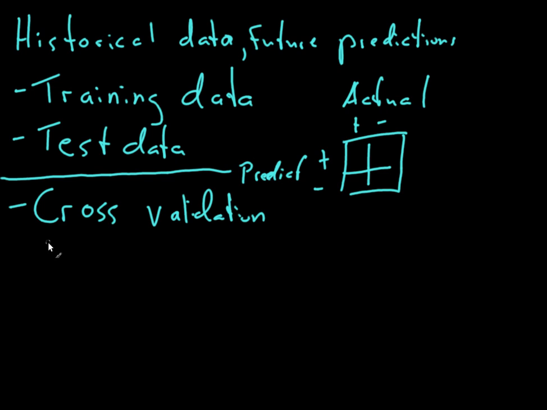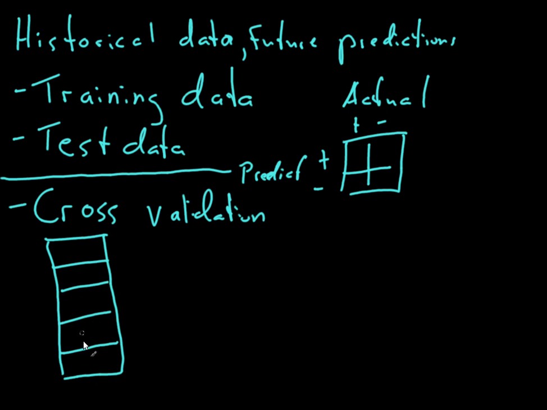The software that you're using will do a pre-processing step and shuffle the data. Say we have five-fold cross-validation. So this is 100 records, and it has broken our 100 records up into groups of 20.